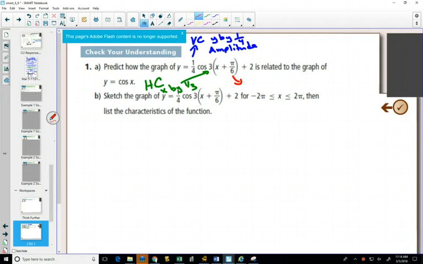The pi over 6 would be a horizontal translation, pi over 6 to the left. And finally, the +2 is a vertical translation up, and that will be your center line or sinusoidal axis.